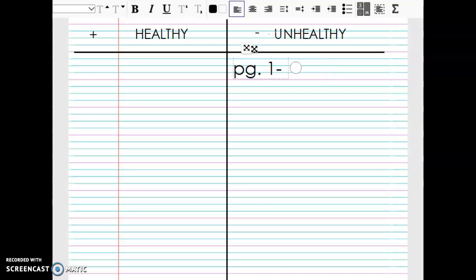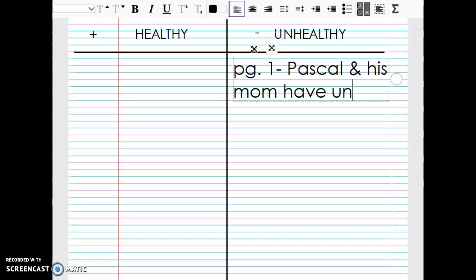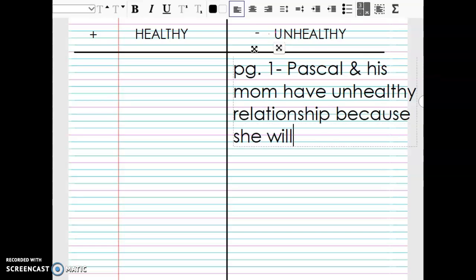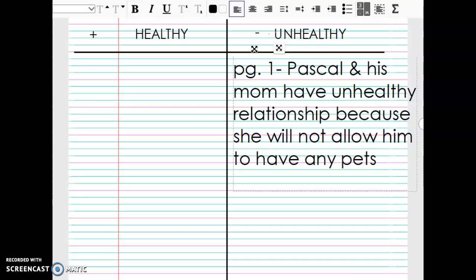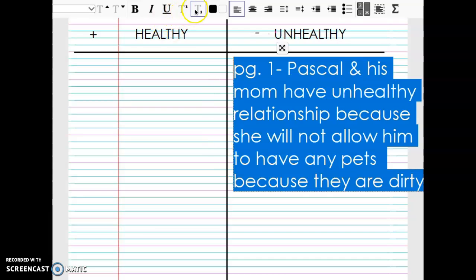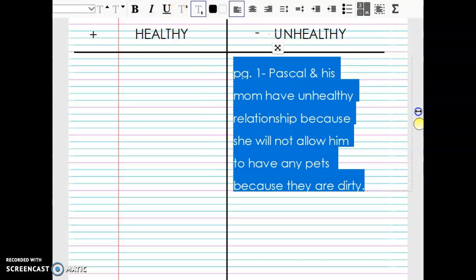So on page 1, I think that Pascal and his mom have an unhealthy relationship because she will not allow him to have any pets because they are dirty. And I'm going to make that a little bit smaller so it fits in there.